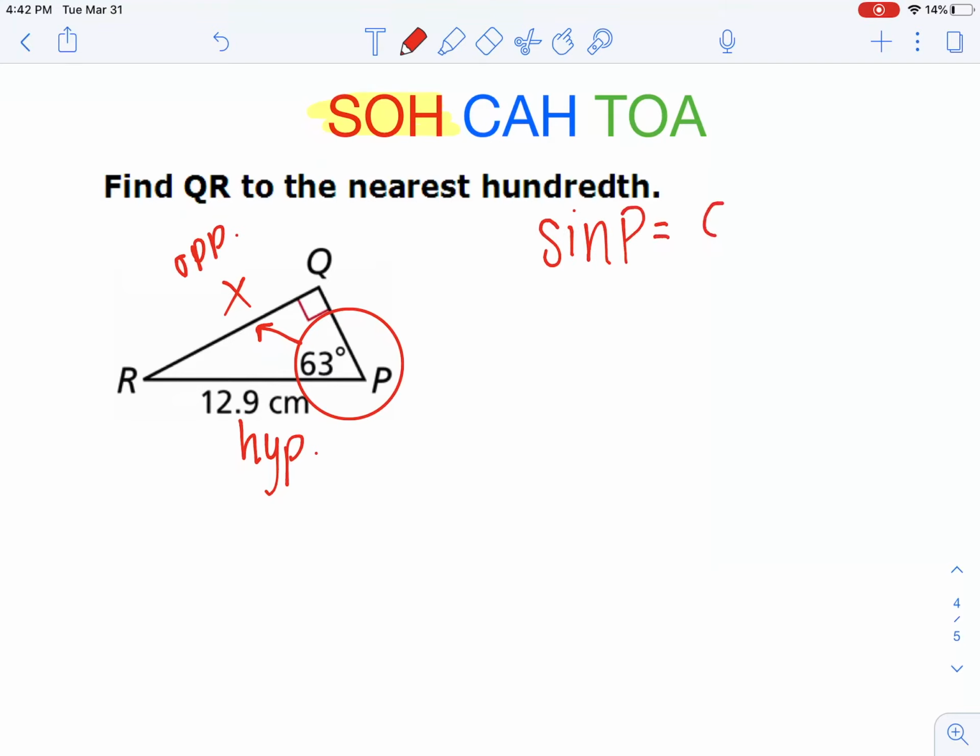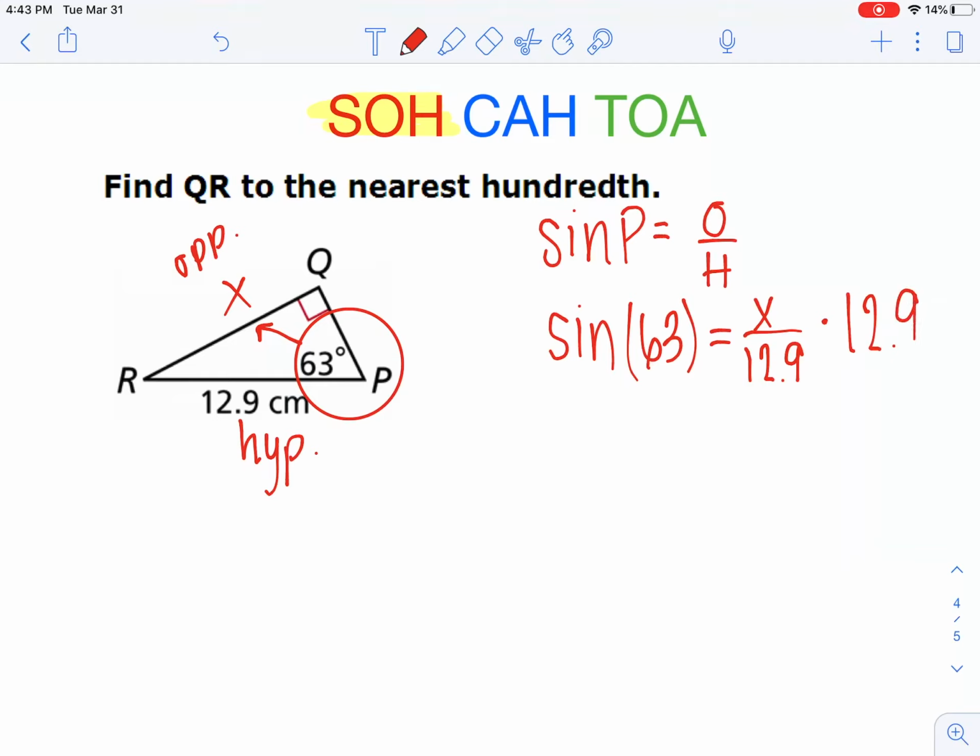So sine of angle P equals O over H. Substituting in what I know, I have sine of 63 degrees equals opposite, I'm calling X, over my hypotenuse, 12.9. I can multiply both sides by 12.9.